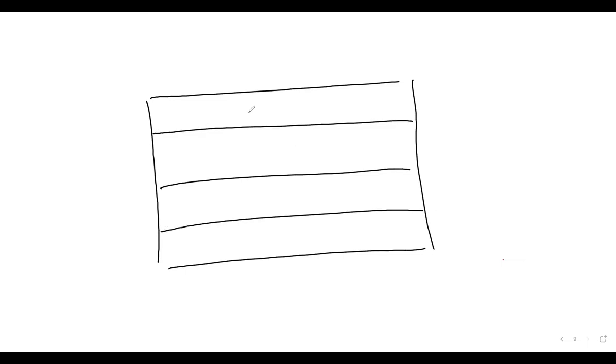Let us assume that each memory location or box has an additional bit called the indicator bit. So let's assume, for example, this is our memory.